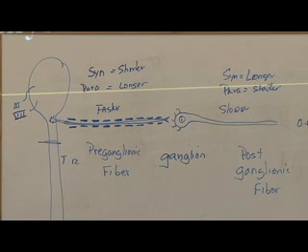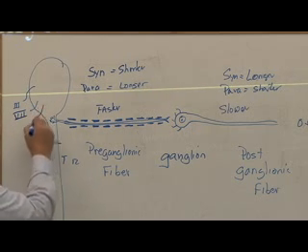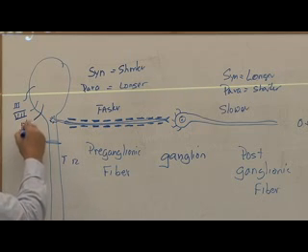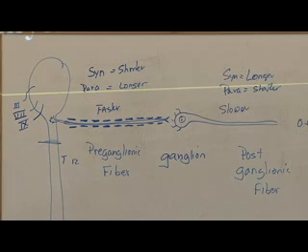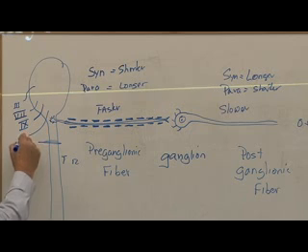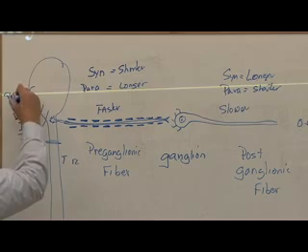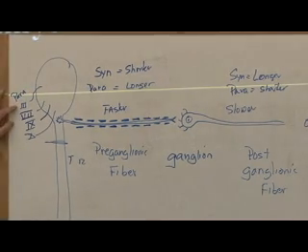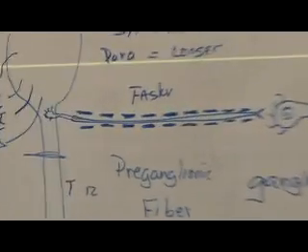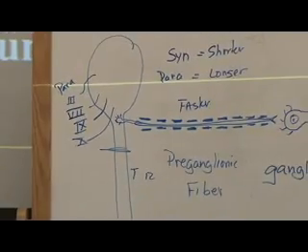Facial nerve, all right. So what is nerve 9? Pharyngeal. And then nerve 10 is the vagus. Yeah. So with our parasympathetic, cranial nerves 3, 7, 9, and 10 are involved.